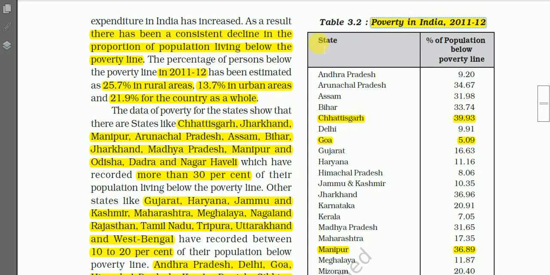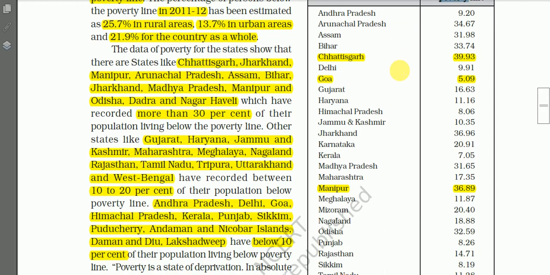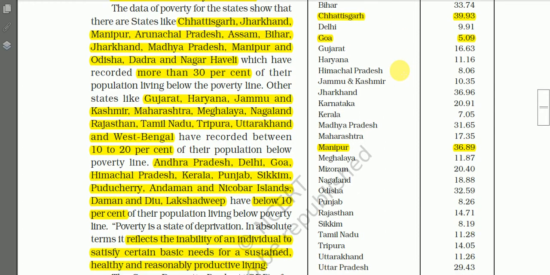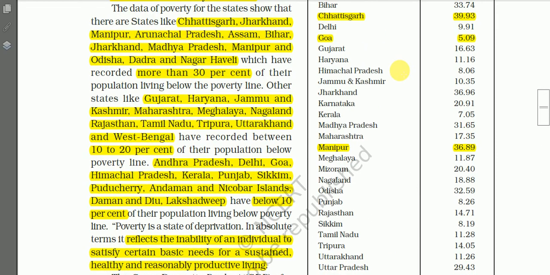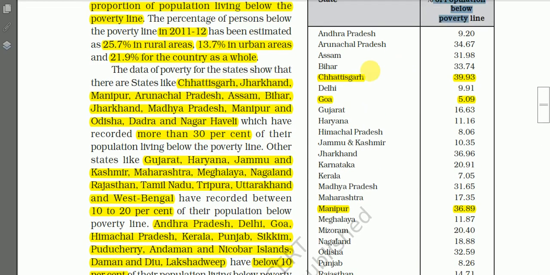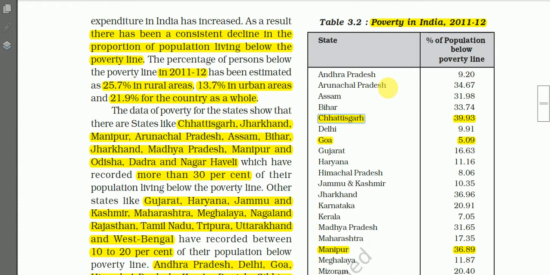In the first column we find states, and in the next column we find the percentage of population below the poverty line. When we examine this table, you will find that Chhattisgarh state has the largest number of people below the poverty line.